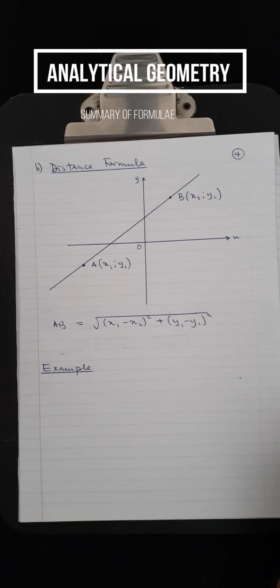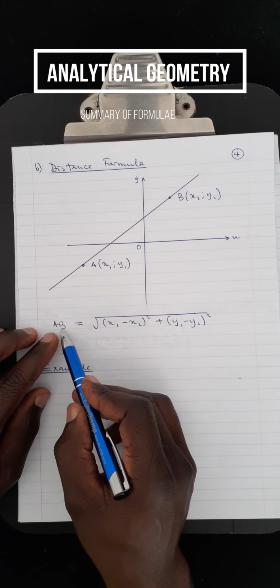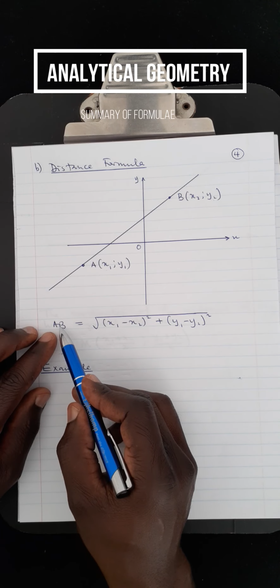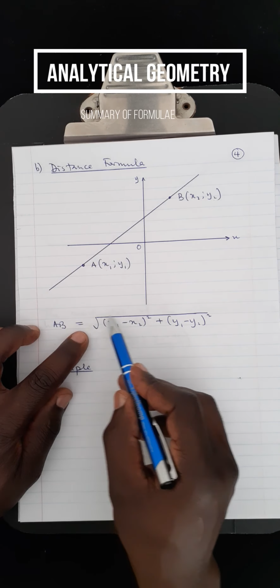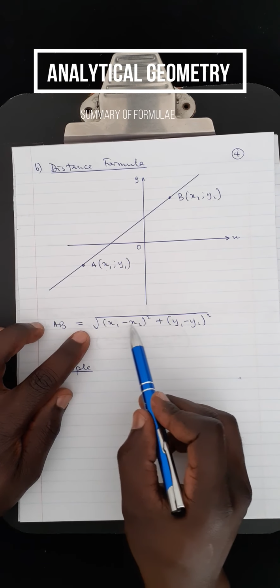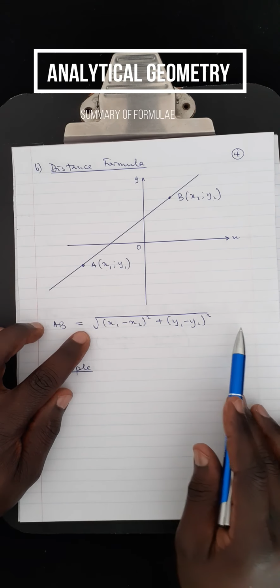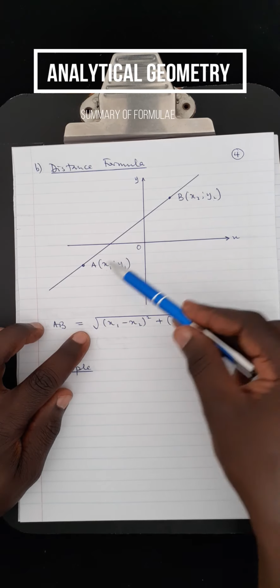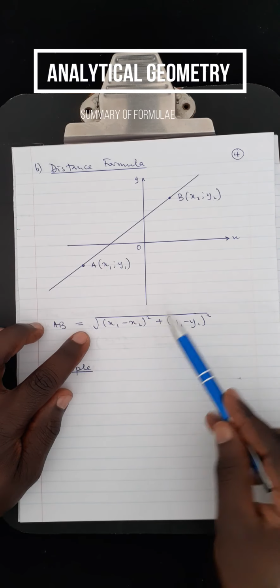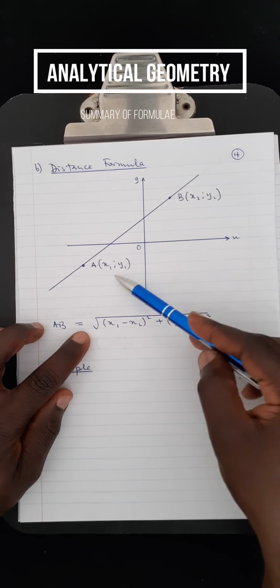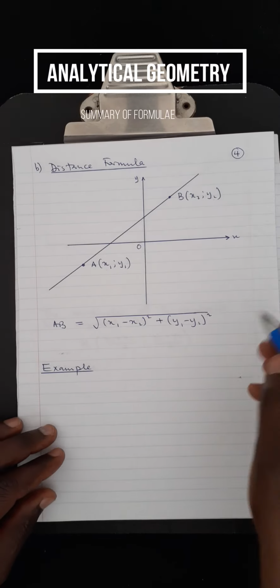But I will just give it to you here: to calculate the distance from A to B, we use the formula equal to the square root of (x1 minus x2) squared plus (y1 minus y2) squared, which basically means subtract the x coordinates and square that answer, add it to the subtracted y coordinates squared.